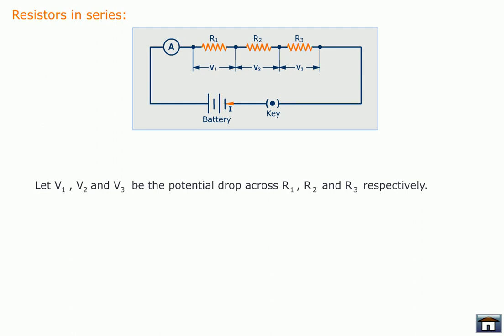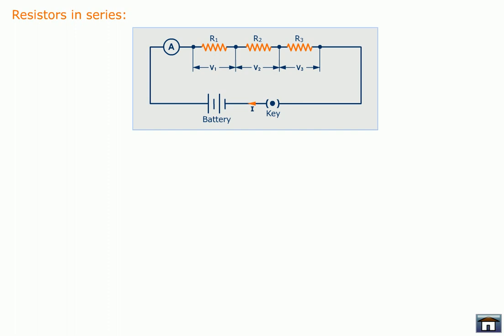Look here. Let V1, V2 and V3 be the potential drops across R1, R2 and R3 respectively. Then we know that V is equal to IR. Here V is equal to V1 plus V2 plus V3 because it is a series connection.